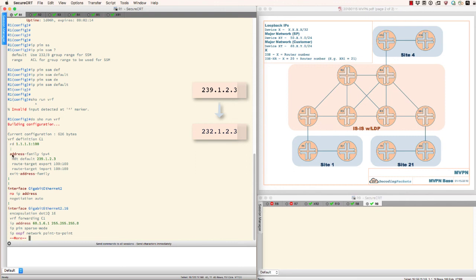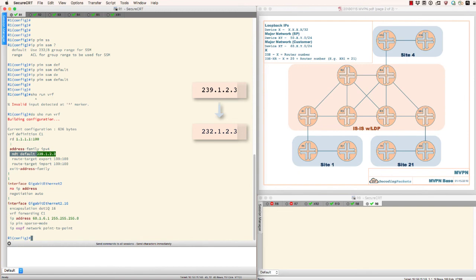And in the VRF, under the address family IPv4, you declare the MDT. Now you don't have to make any changes other than just define the group. So as long as the group defined is covered by that SSM default command, the local router then treats it as an SSM group. So let's begin with router 1.